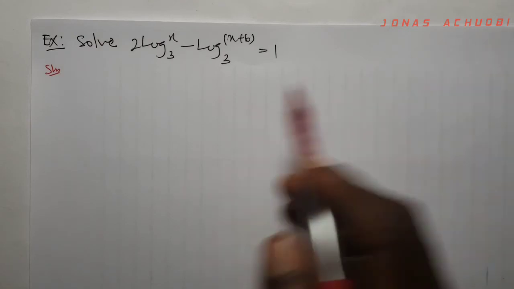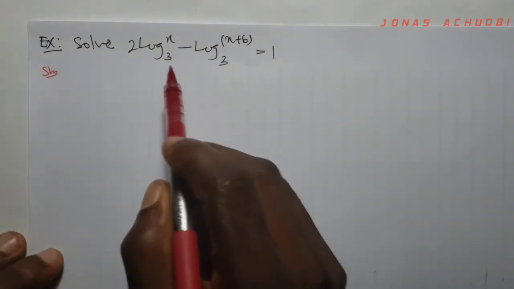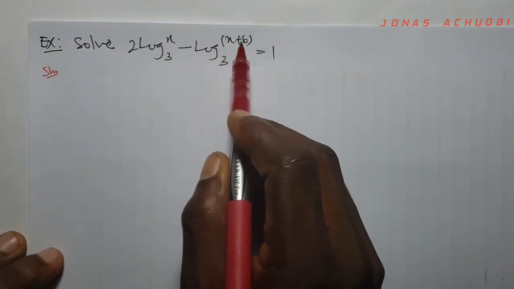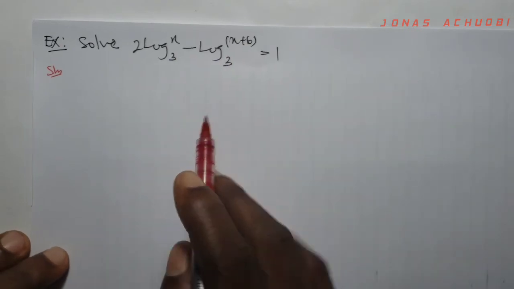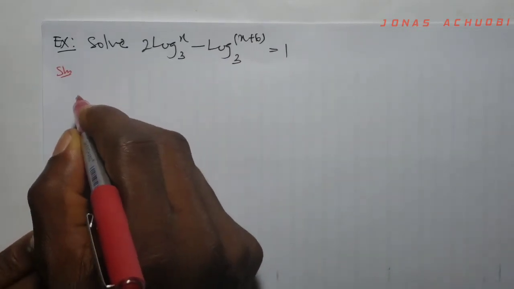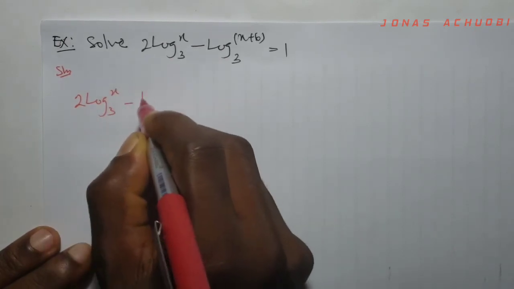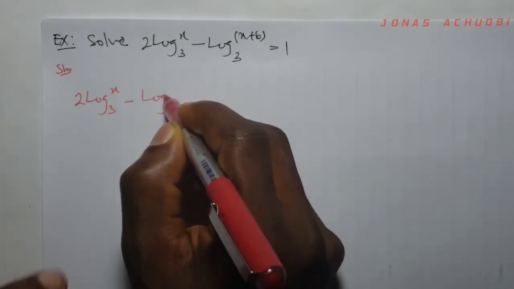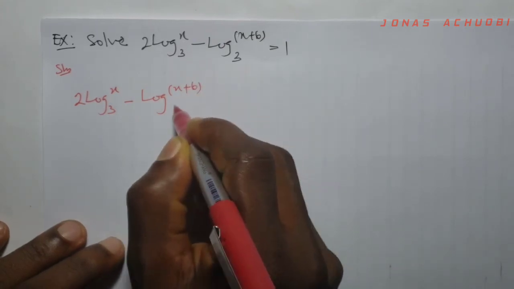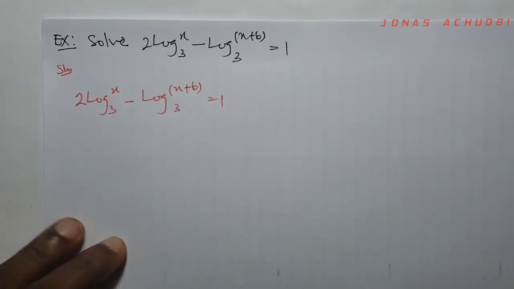Last example. Solve 2 log x base 3 minus log x plus 6 base 3 equal 1. So I write it out. 2 log x in base 3 minus log x plus 6 in base 3 equal to 1.